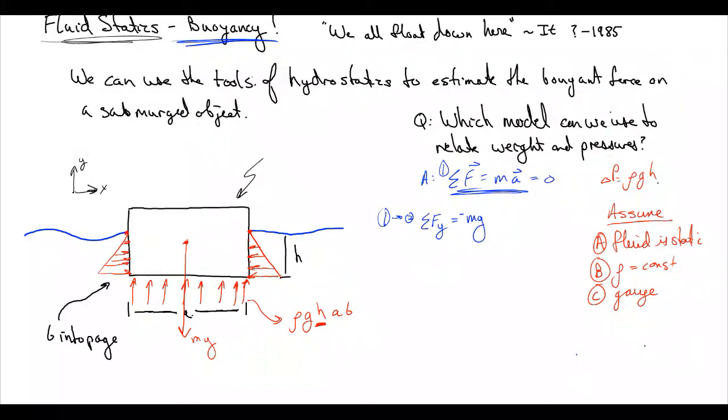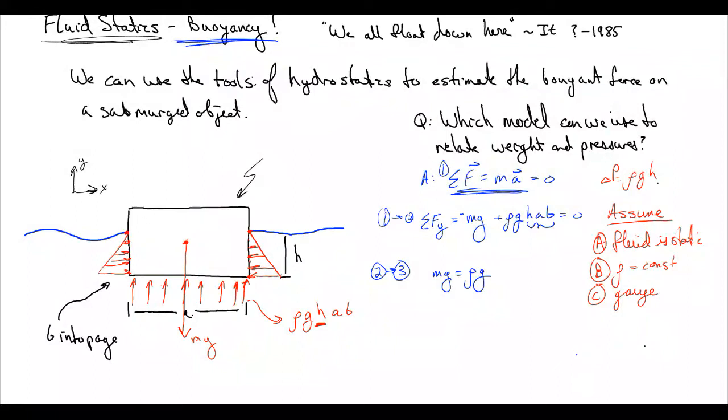So what have we learned? We know that this is all equal to 0. So we can set these two things equal to each other. 2 into 3, equation 3 here. We're going to say that m times g is equal to rho g. And now the important part here is h a b is this volume, sorry.